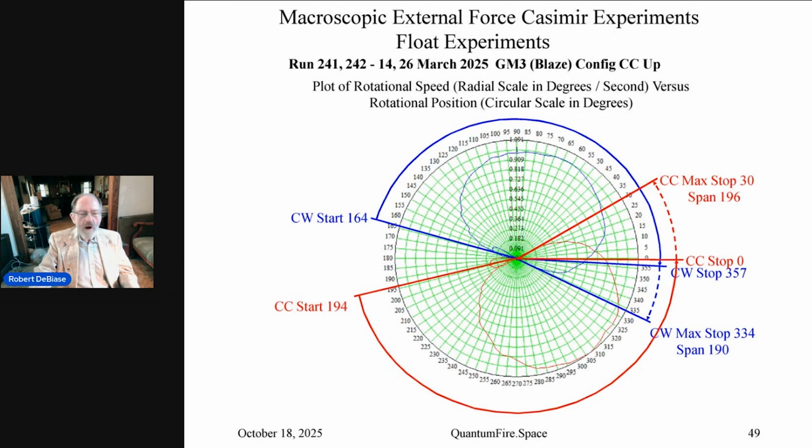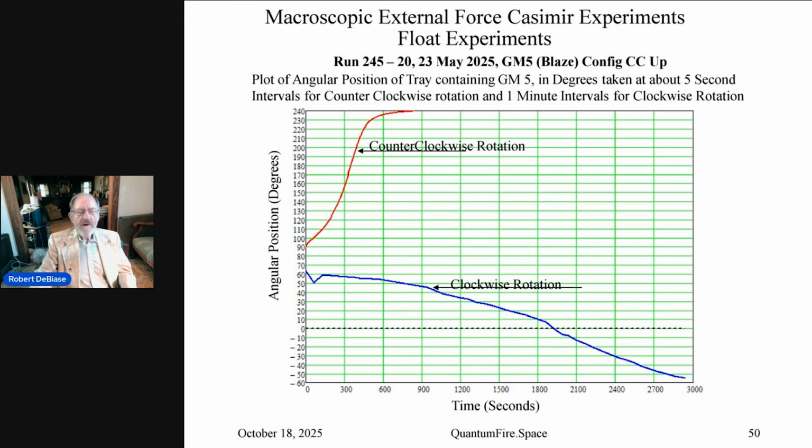And the counterclockwise, it also starts on the left, goes around. Maybe you can see hand motions better. It goes around, continues to the left, and does a little loop-de-loop and then comes back. All right, now this here is GM5.